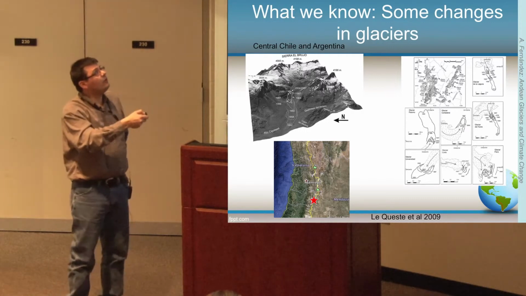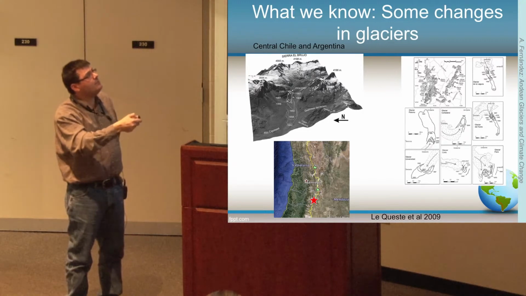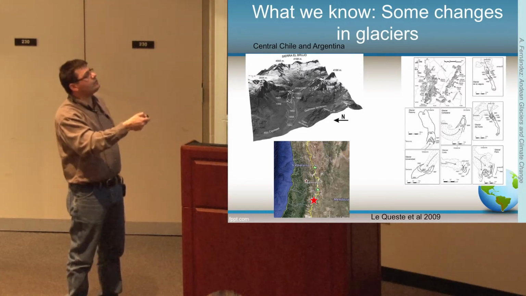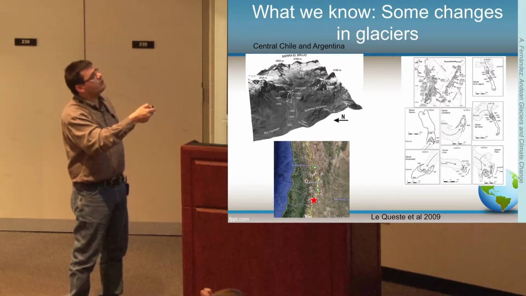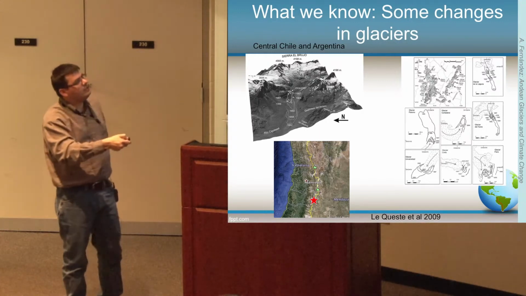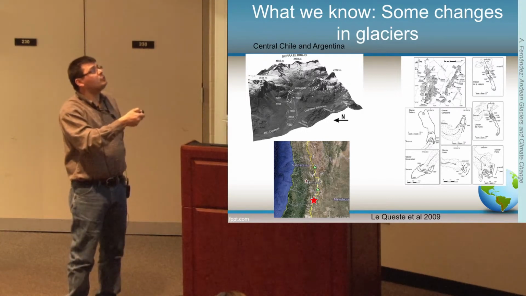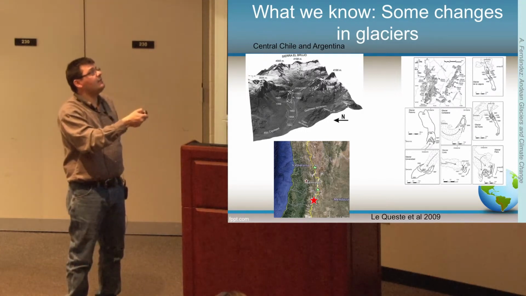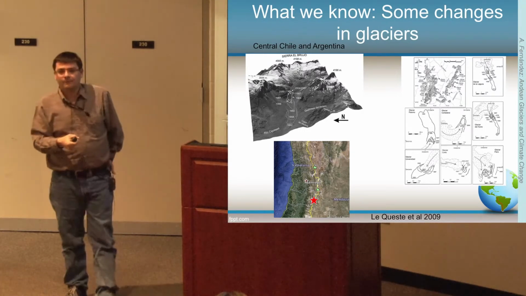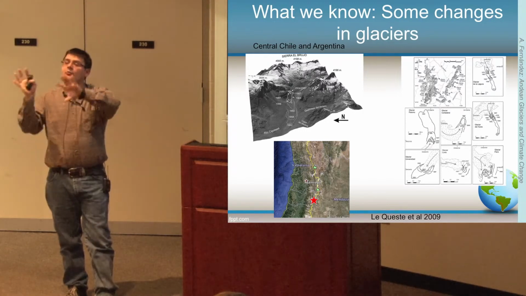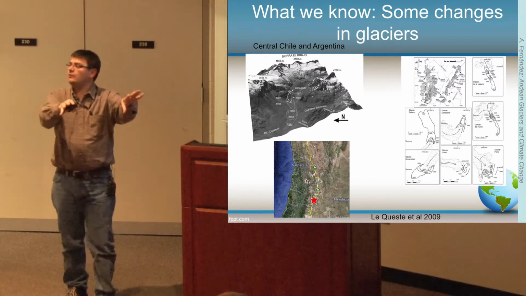In this case, they don't only use satellite images, they also use tree rings and historical sources to map these changes in glaciers. And you can see here, most of these glaciers, actually all of them, have been retreating, in this case this glacier from 1842. So it's not only in one kind of climate. In a different climate, we also have retreat of glaciers.